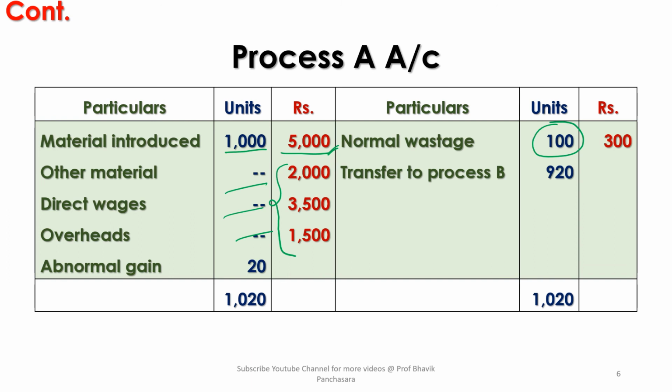So here information given in the question, the selling price of this normal wastage unit is 3 rupees per unit. So 100 into 3 means total 300 rupees we can earn by selling these wastage units. Now we do not have amount for the units of abnormal gain as well as the units that we have transferred to next process.